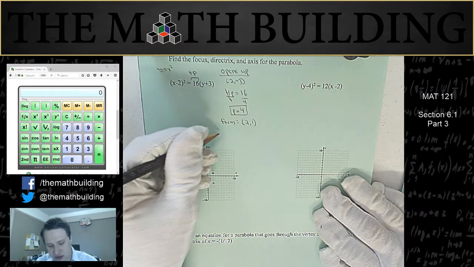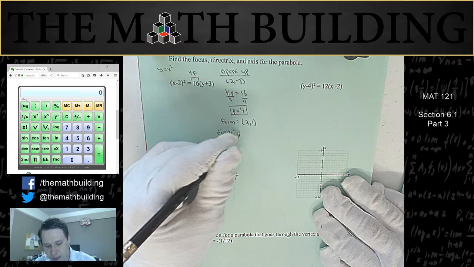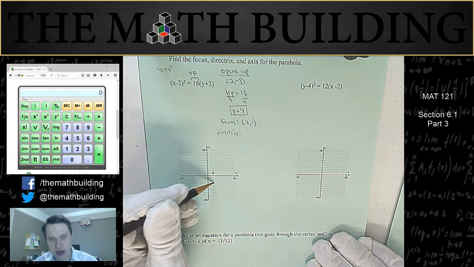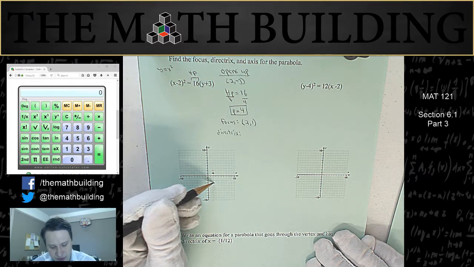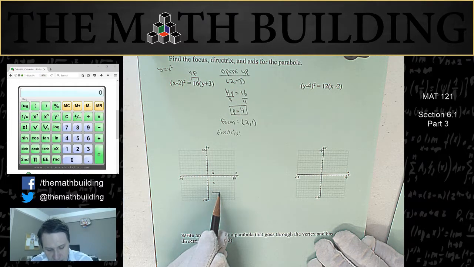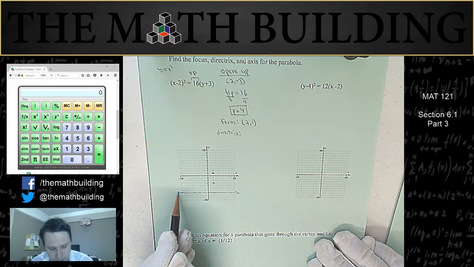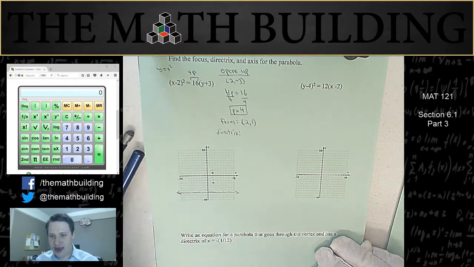Now, how do we find the directrix? Notice that the focus is a point, the directrix is a line, and it's just the opposite direction from the vertex as the focus is. So to find the directrix, we just go down 4 spaces. Remember, that's a line, not a point. So let's draw on that line right there. Now we've got our focus, our vertex, and our directrix.